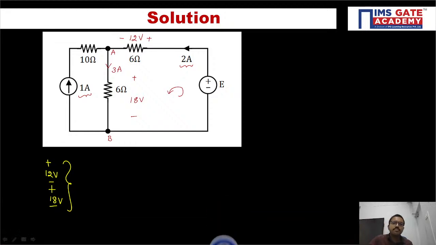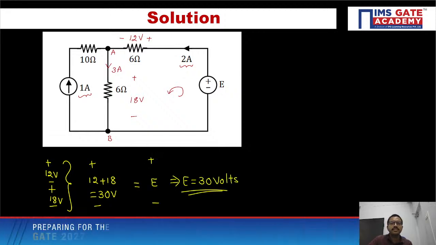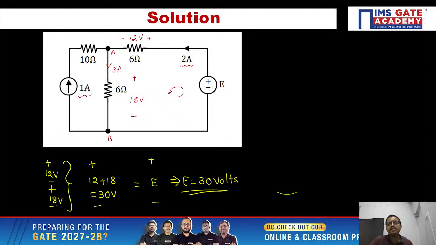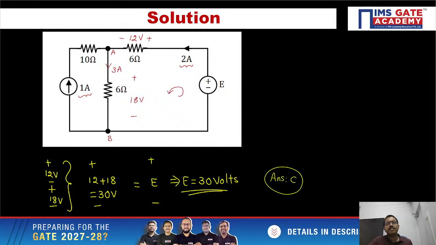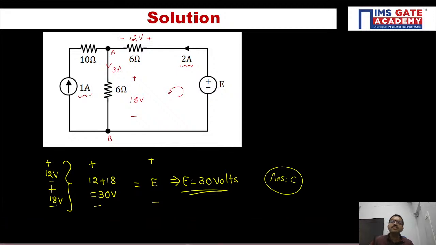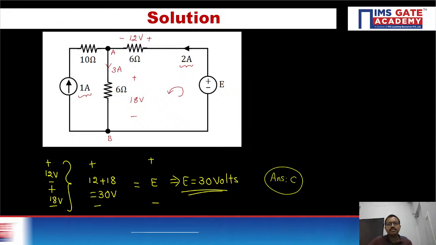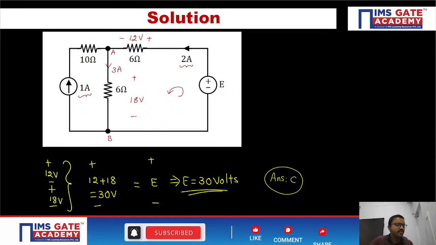Since you get the same polarities, you can add. So the final value is 30, which is there in the options. Even if you write KVL, you will get the same answer. I hope it is clear for everyone. If any of you have any doubt, you can mention it in the chat.